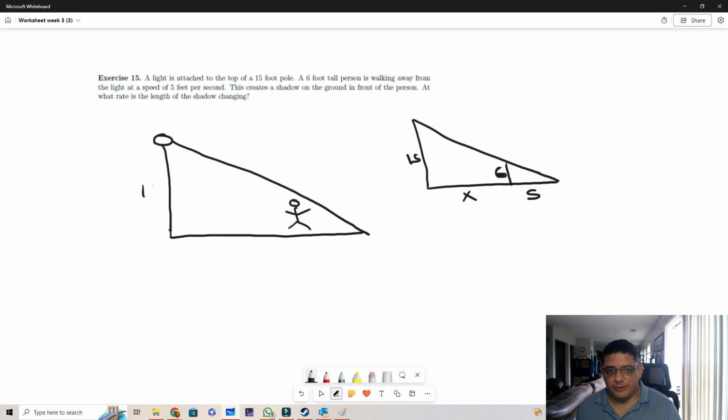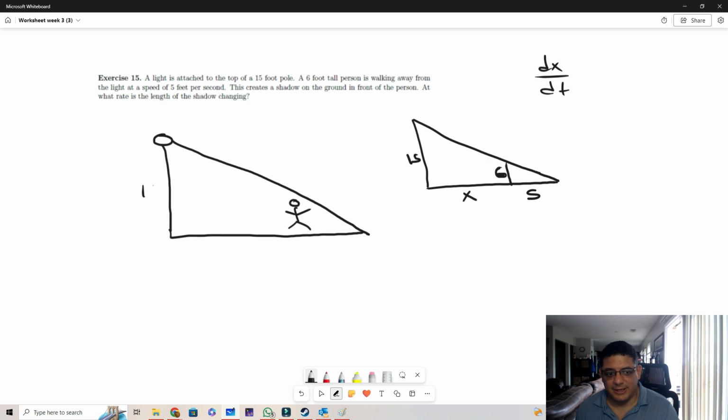We want to know what's the rate of change of the shadow. So we don't know the information about s, but we know what dx dt is, because it says a 6-foot person is walking away from the light at a speed of 5 feet per second.